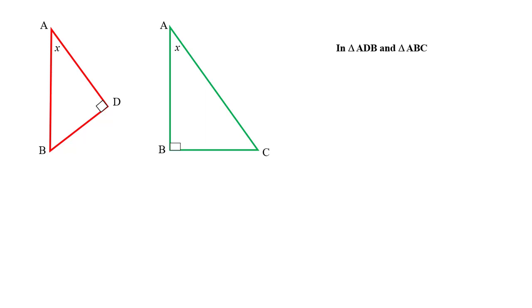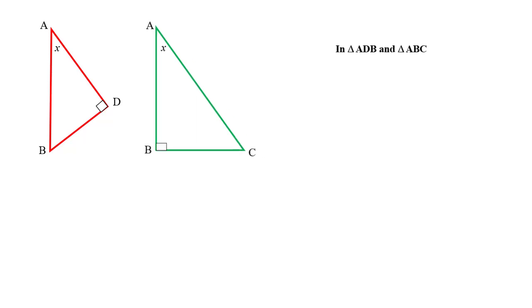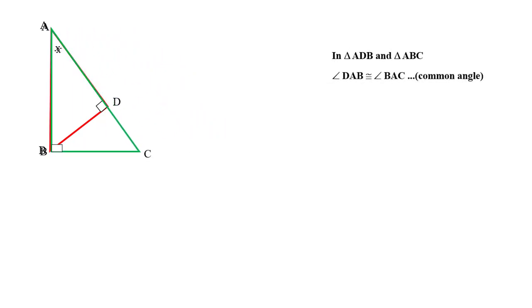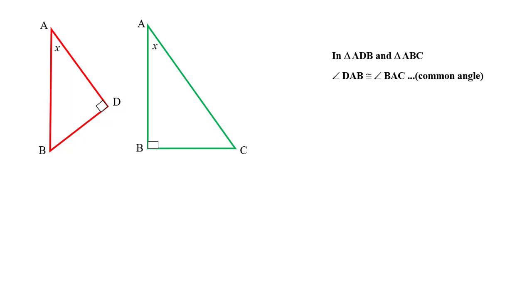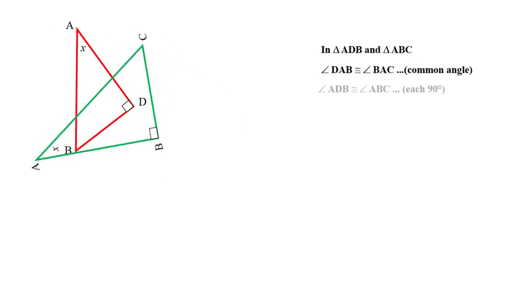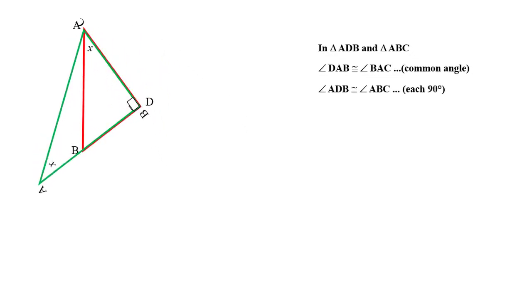I place one over the other like this. That is, A is perfectly matched to A. That is, angle DAB is congruent to angle BAC because it is a common angle. Now separate again like this and place angle B over angle D, perfectly matched.